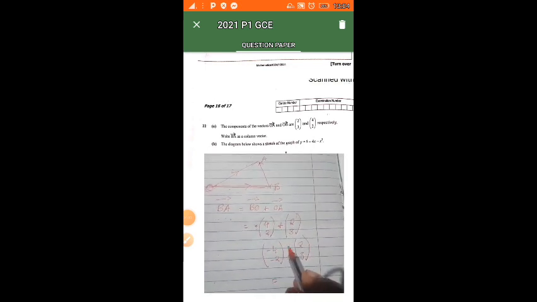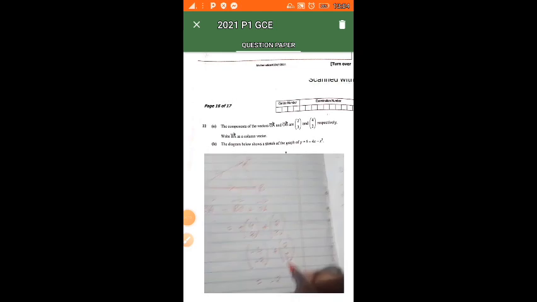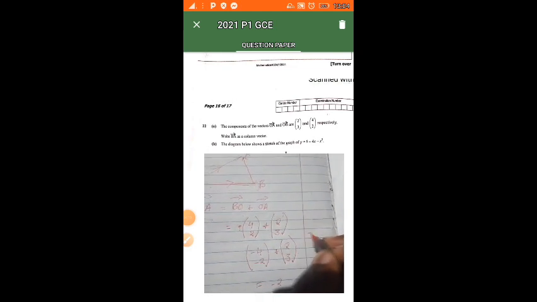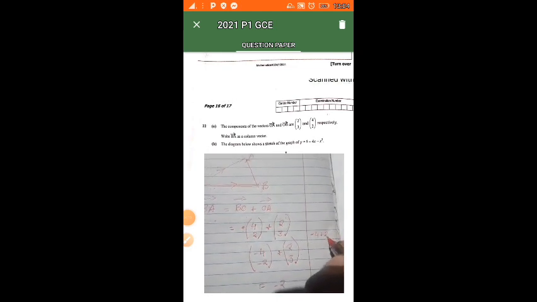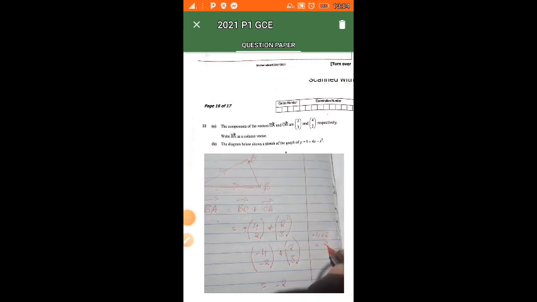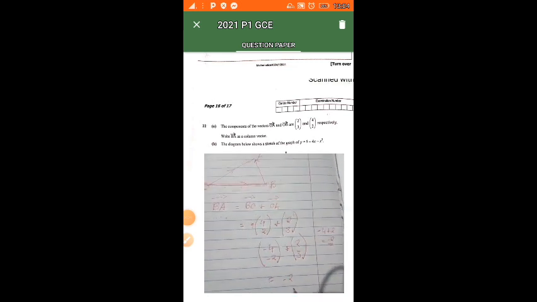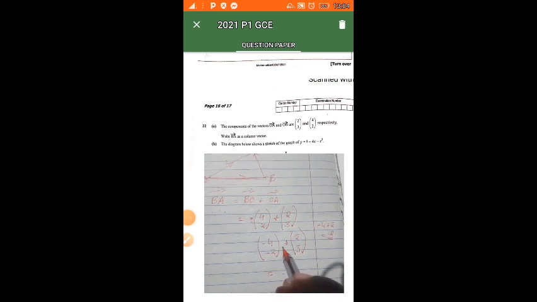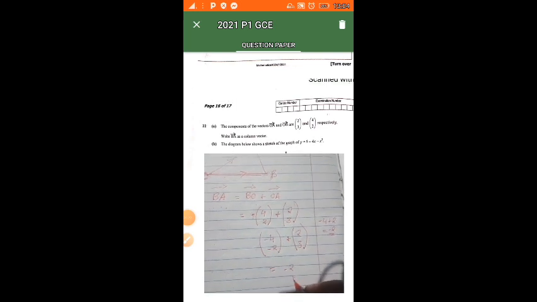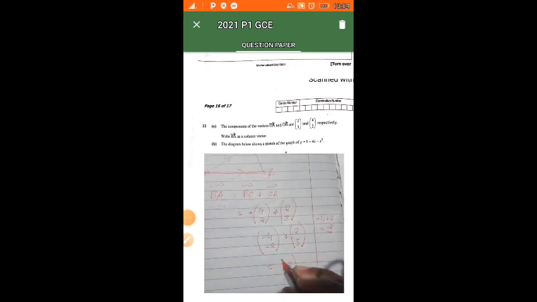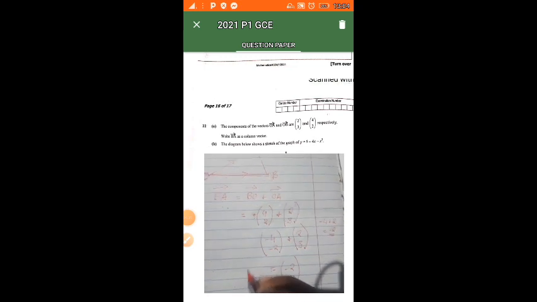Negative 4 plus 2 is negative 2, because the bigger number is 4 having a negative. Then negative 2 plus 3, the answer is positive 1. So that is the value for BA.